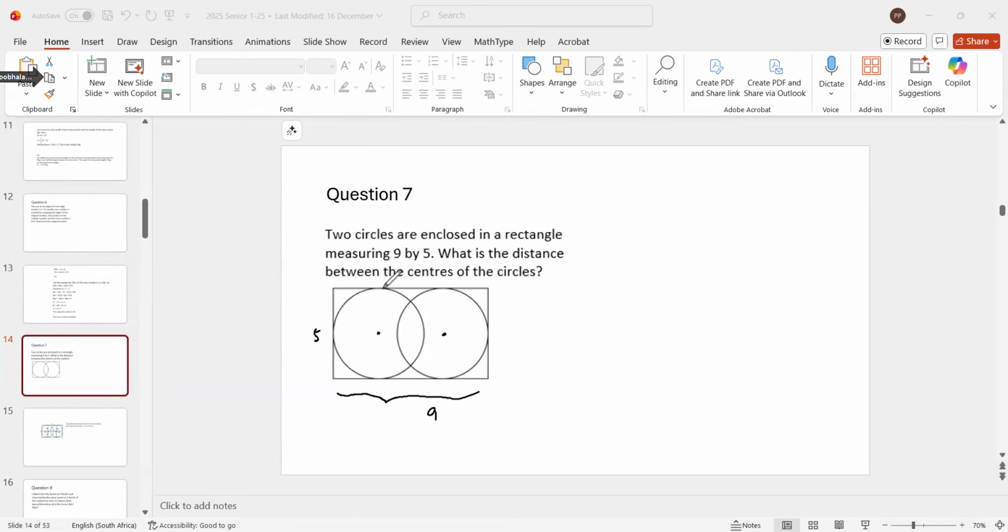But this is the same as the, if I join the tangent, the contact points to the center, you will see that you've got a straight line that goes through the center, right? The same thing here.